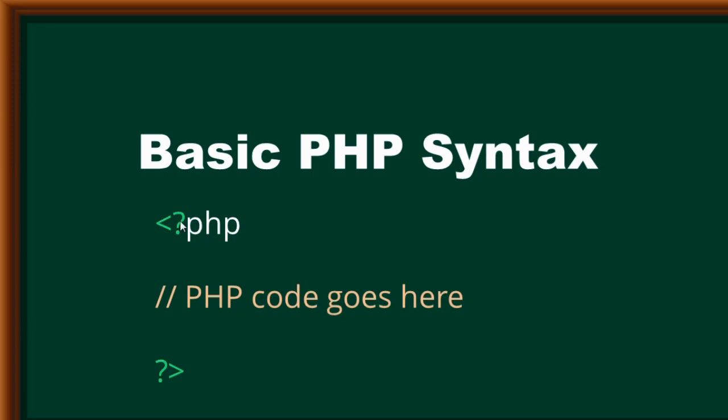So you begin with a left angle bracket and then the question mark, and then you end it with a question mark and the right angle bracket, and anything in between is the actual PHP code. The actual PHP code is referred to as statements, because when you're giving instructions, the computer reads the code as a bunch of statements, from top to bottom, from left to right.